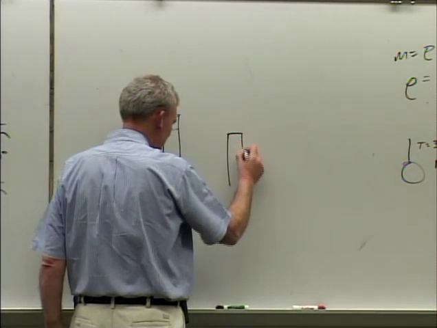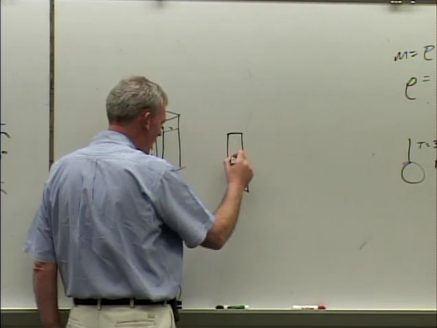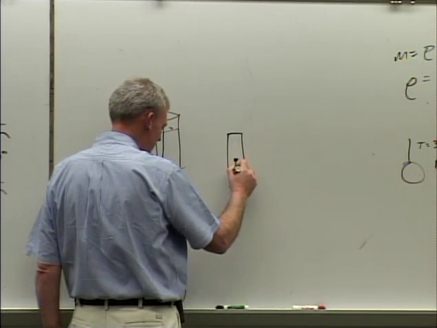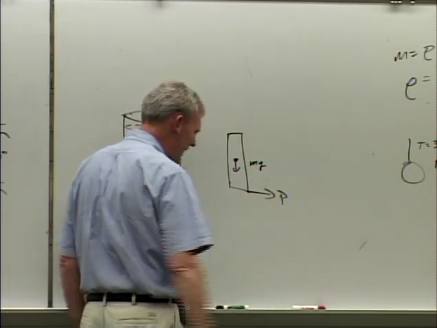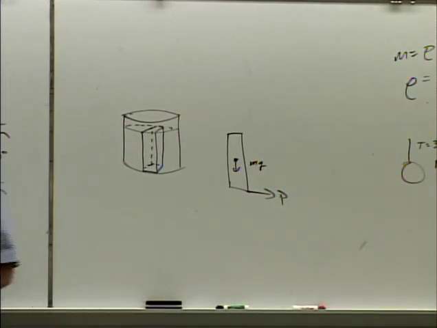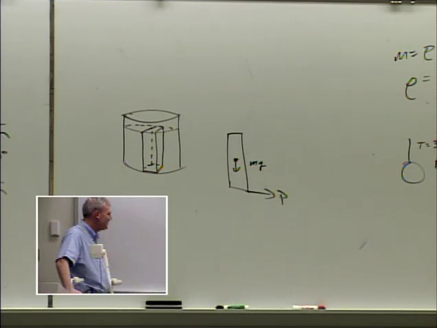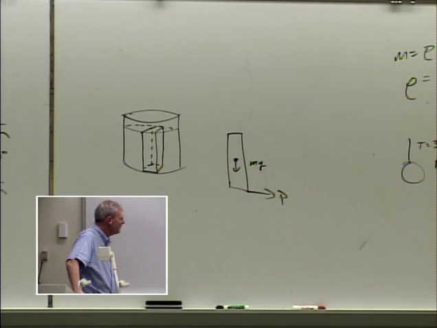Front view of this column of water that I've just taken out, mg. I want to find out what the pressure is going to be right there. Then we'll talk about hydraulics and all that stuff in a minute.